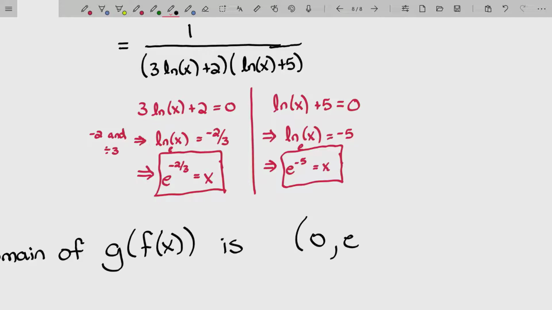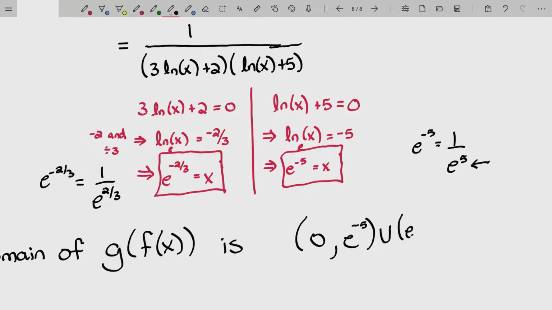And that is because e to the negative 5th is 1 over e to the 5th, and e to the negative 2/3 is 1 over e to the 2/3. Between those two denominators, this one is larger, so that's a smaller number. So our domain will go from 0 to e to the negative 5th, and then we're going to skip over that and continue on the other side of it until we get to e to the negative 2/3.